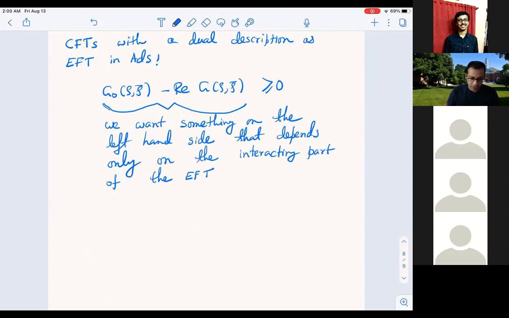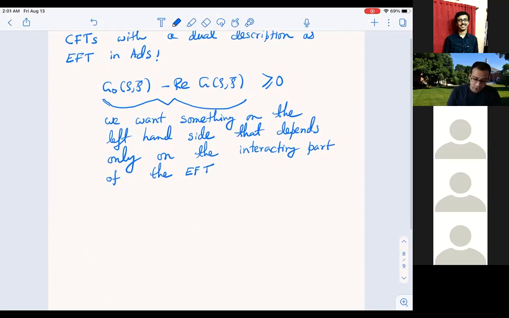That's when I can use it. If I don't have the disconnected part eliminated somehow, I'll not be able to use this condition to derive some constraint on the coupling constant of the interacting part.